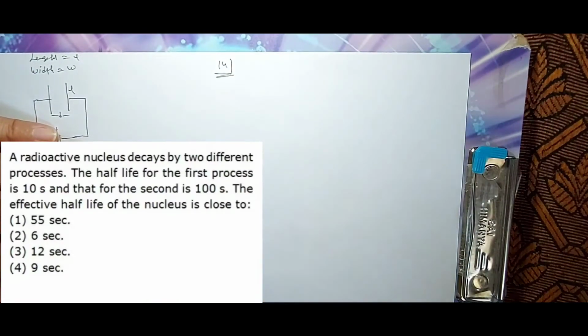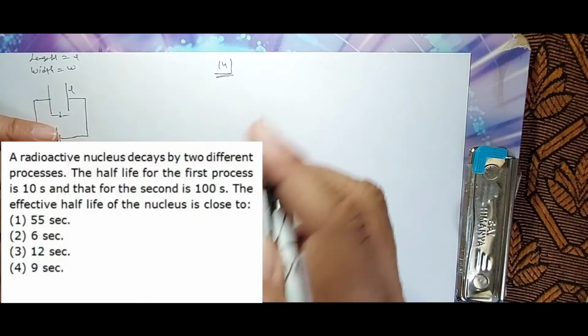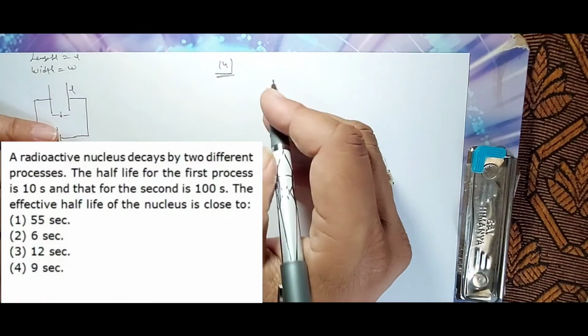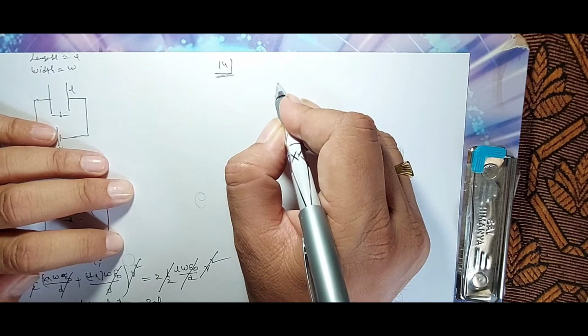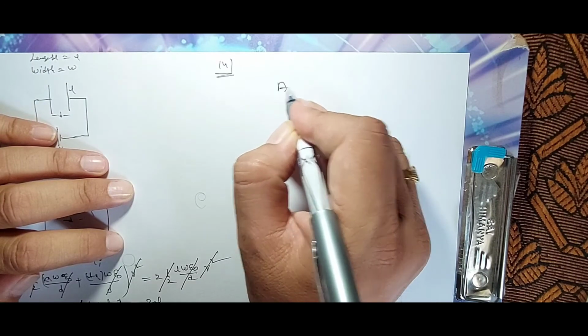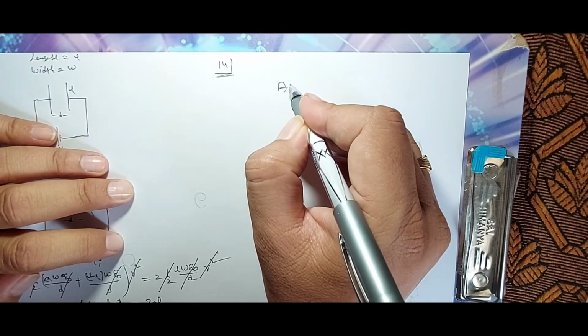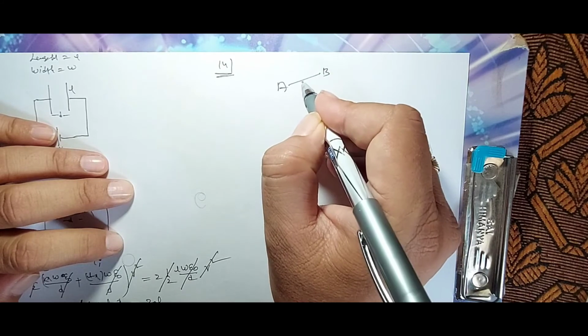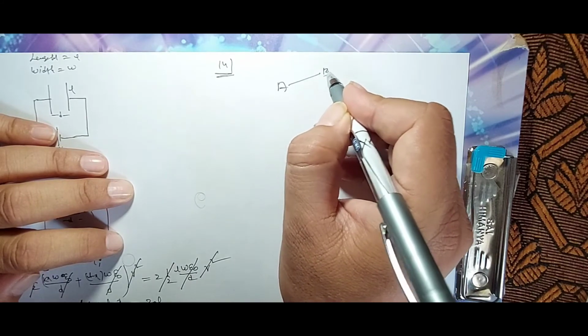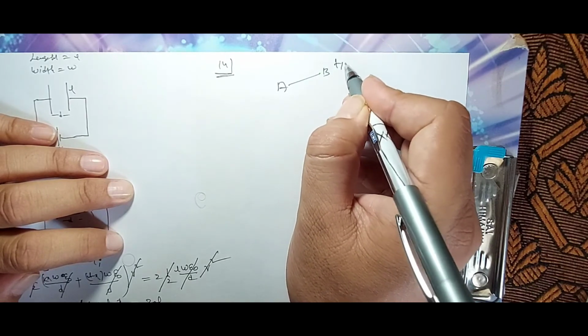Effective half-life. Effective half-life means here, this is a radioactive nucleus A. This can decay as B. What is the half-life?